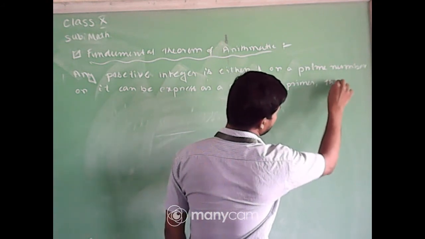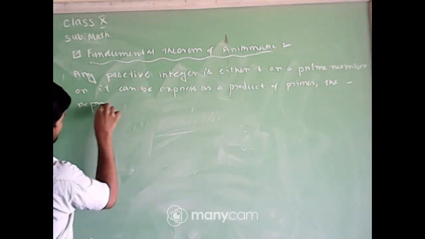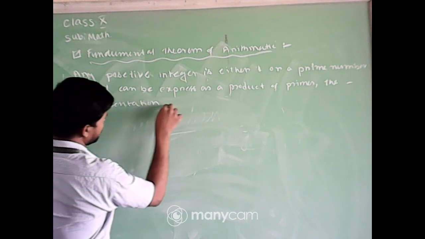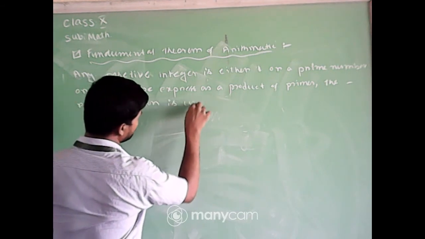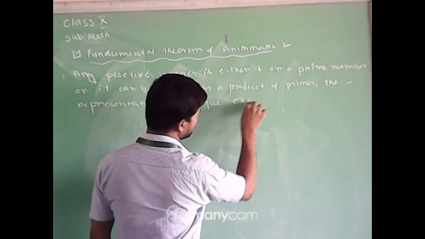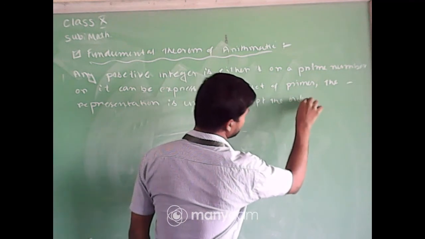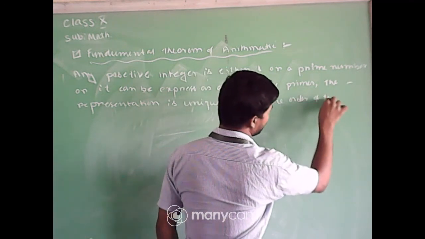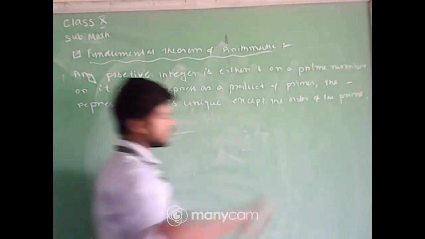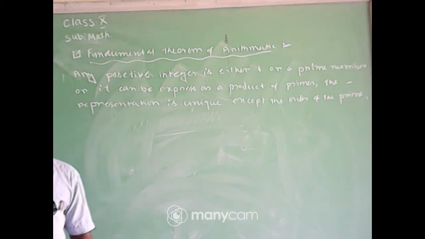The representation is unique except for the order of the primes. This is the definition of the fundamental theorem of arithmetic.